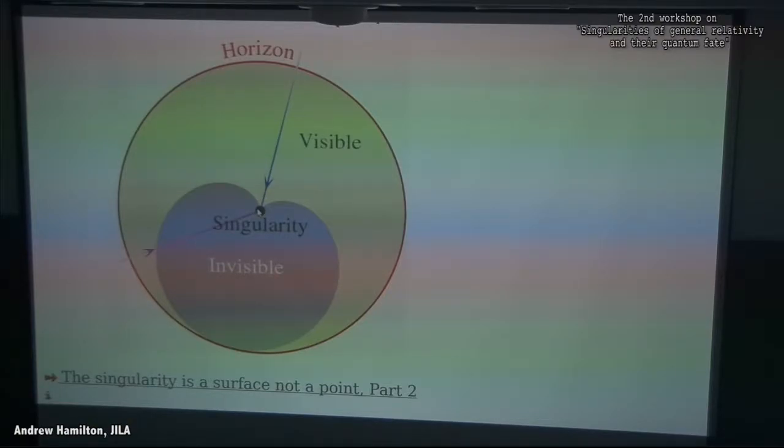And one can ask, is the blue person in causal contact with the purple person? Well, this gray boundary right here is the boundary of the past light cone of the blue person. The gray region is defined by photons which have the maximum angular transverse motion compared to their radial motion.